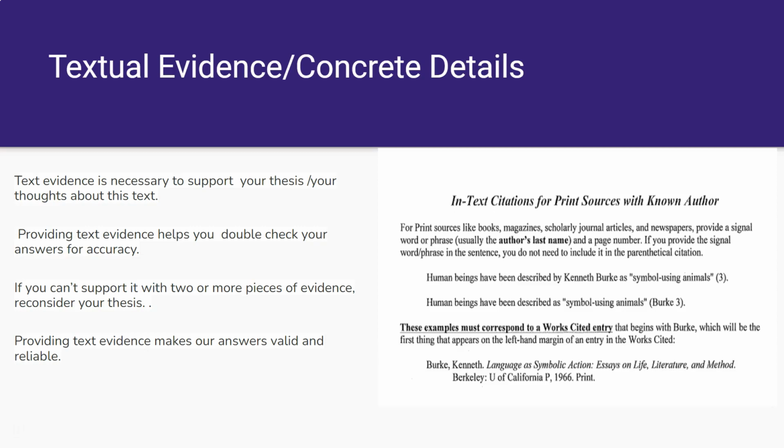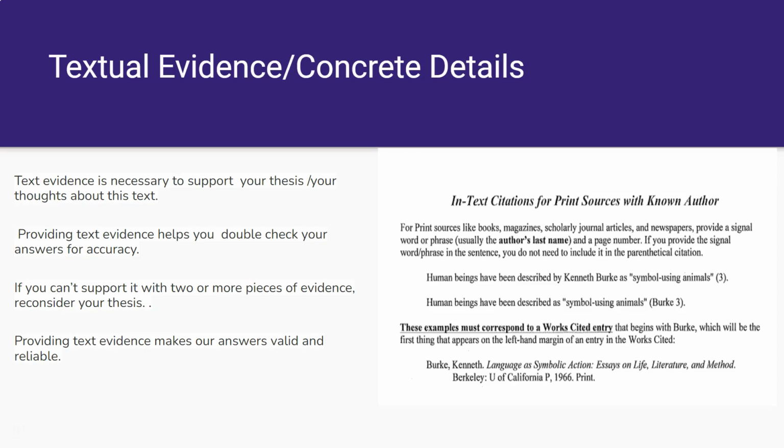Here's some things that you need to remember about the textual evidence. The textual evidence is necessary to support your thesis, your thoughts about this particular text or whatever text that you're reading. If you do not have any textual evidence, it will make your points invalid. It will make your whole essay erroneous. So you have to provide textual evidence.